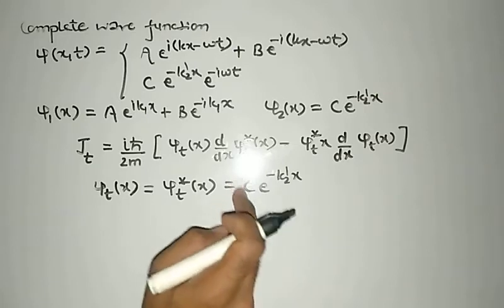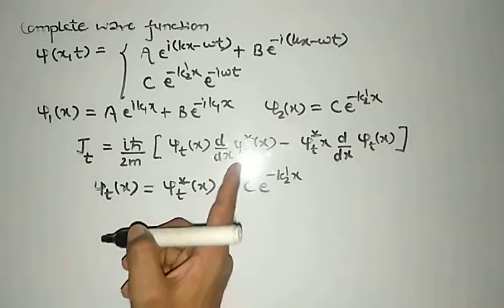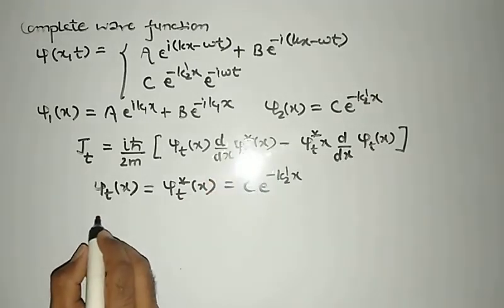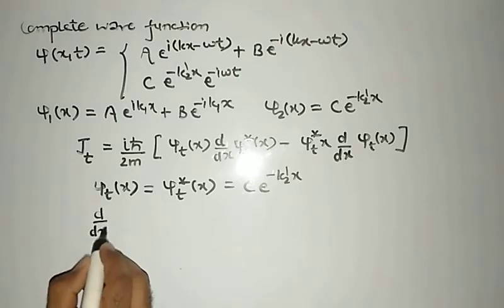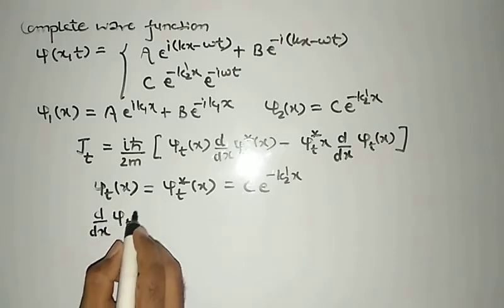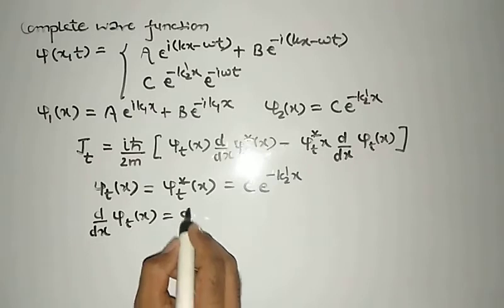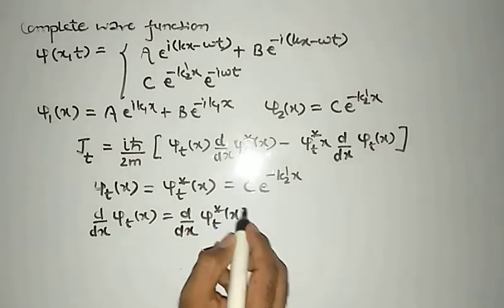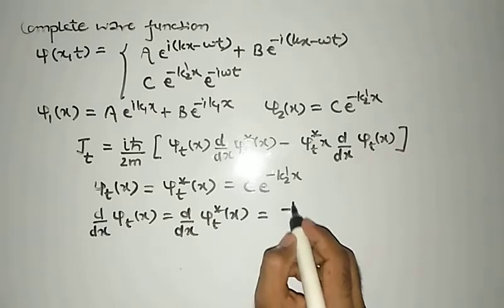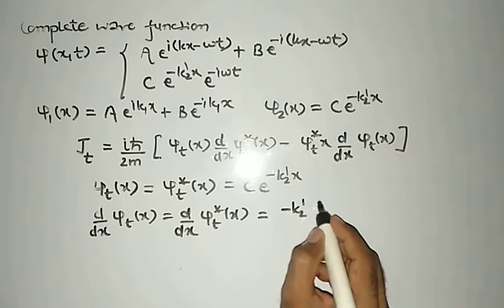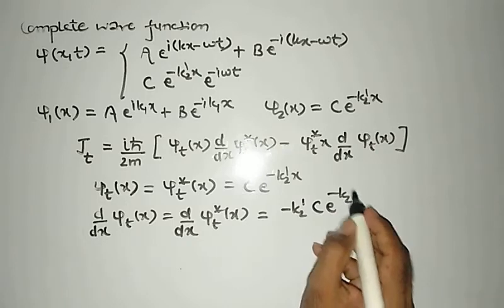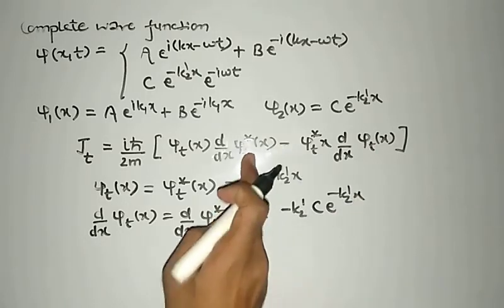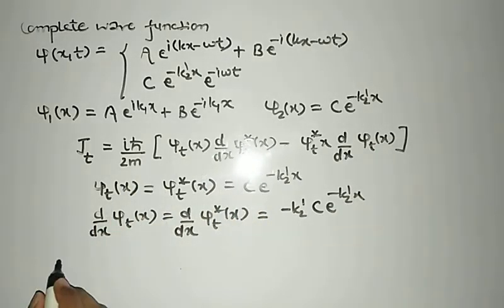So when you put it here, you may see that by finding dψ/dx of ψ_t(x), the value will be -k2' C e^(-k2' x). Now we will put it here. After putting, what do we get for J_t?